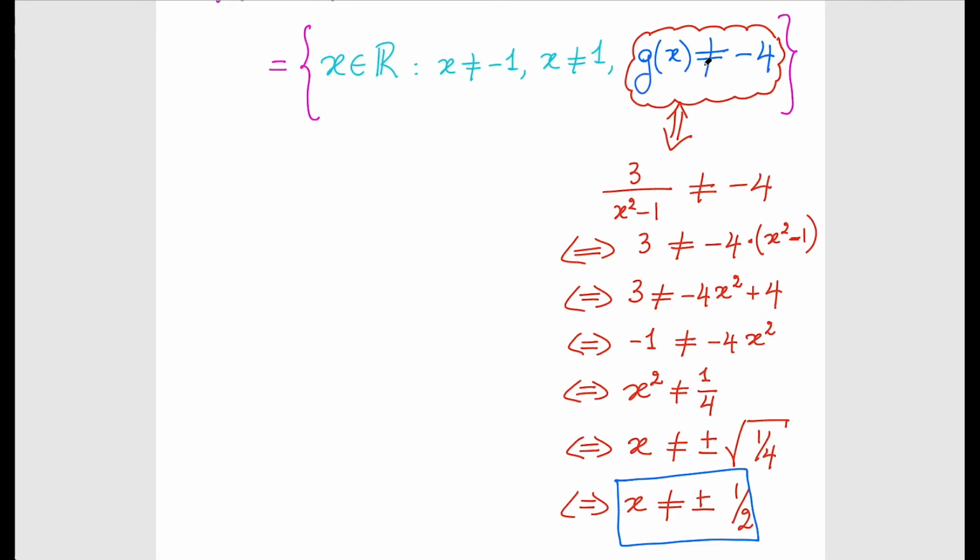So this is what this is saying, is that x should not be negative half and should not be half. Okay, they're the same thing. All right, now we put things back together in this set.